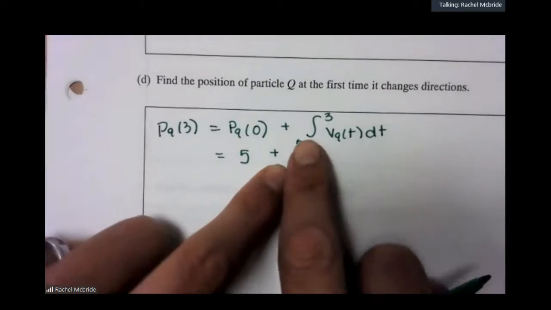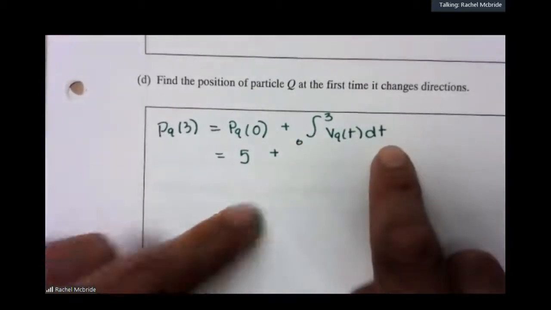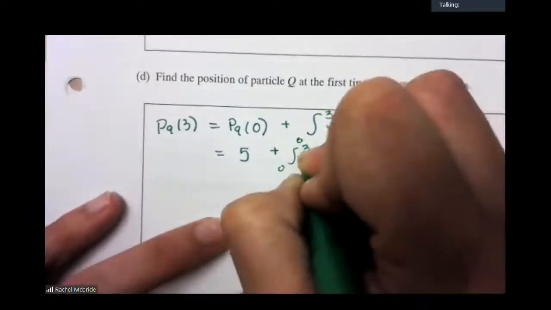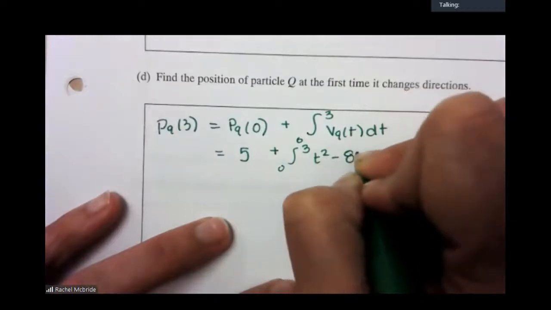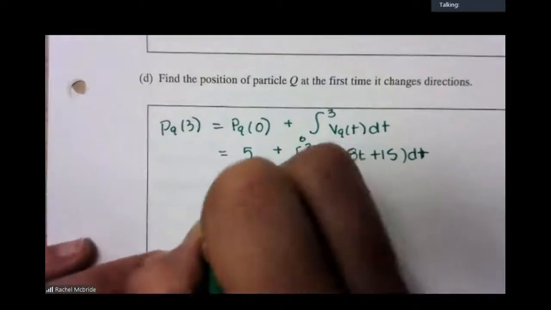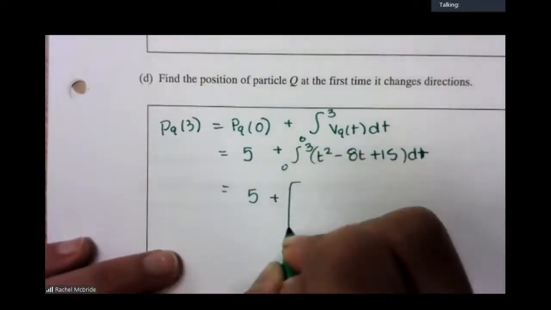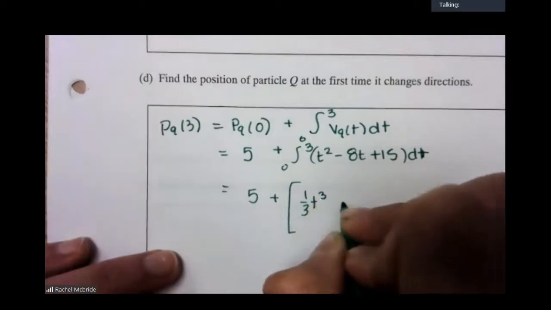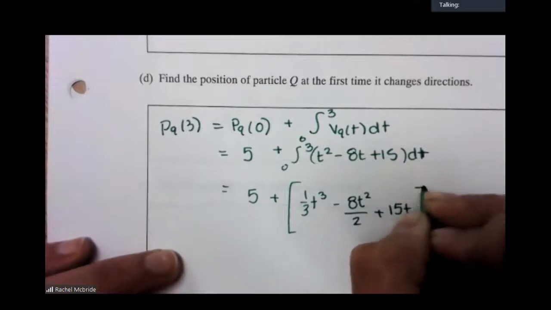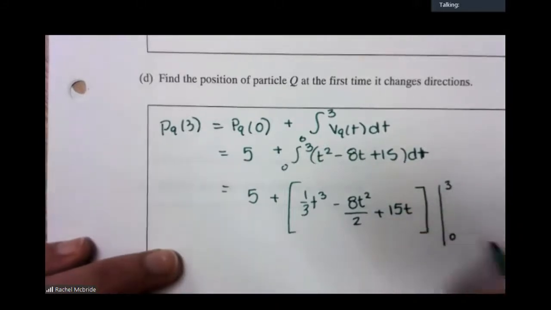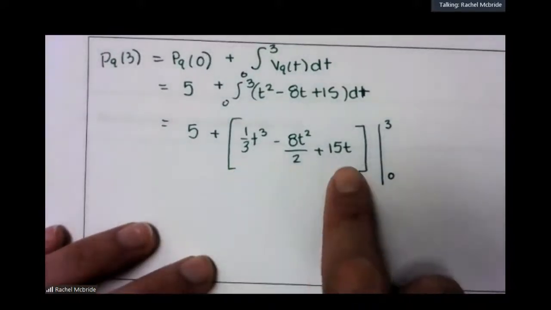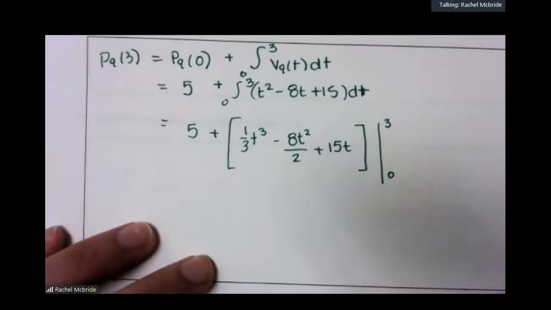We're going to anti-derive the velocity. So you integrate and then evaluate from bounds.